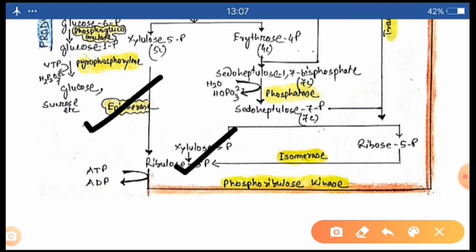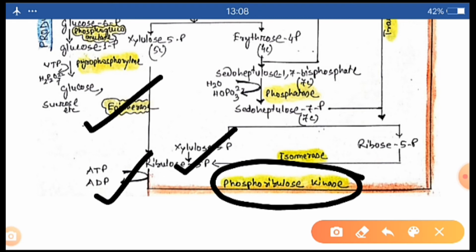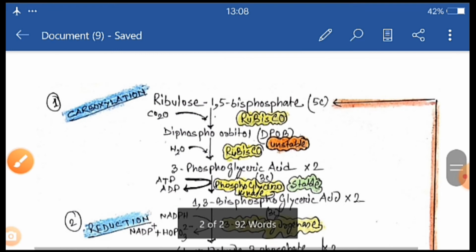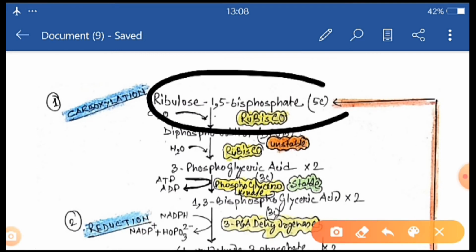Okay, then ribulose 5-phosphate will be converted to ribulose 1,5-bisphosphate by the utilization of phosphate from ATP in the presence of the enzyme phosphoribulokinase, to produce ribulose 1,5-bisphosphate again.